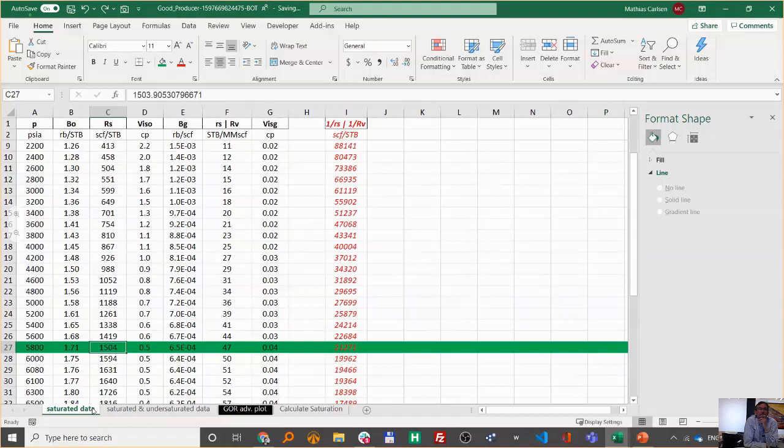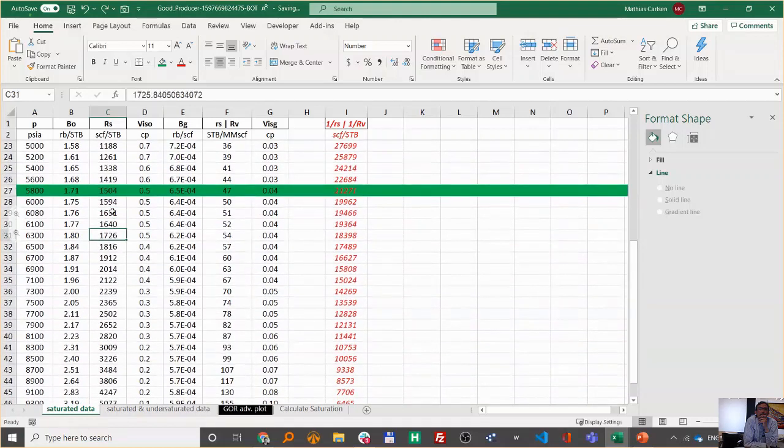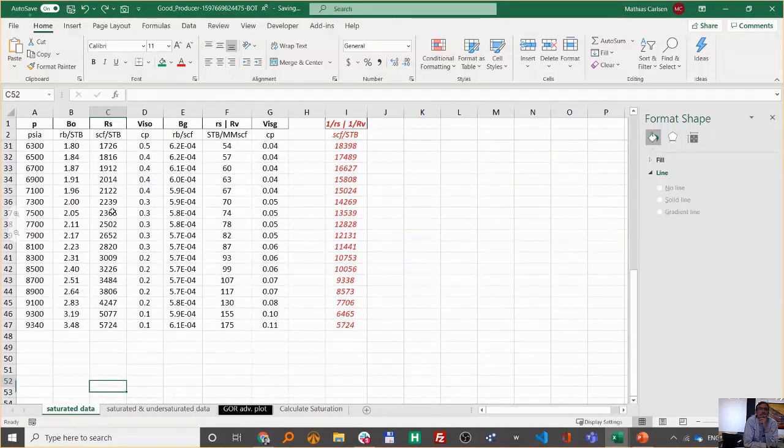The second exercise was when the GOR was around 15,000 scuffs per barrel. What we see here, if we just follow the solution GOR column given in column C, is that the critical point ends at 5,724 scuffs per barrel. So we actually need to start to investigate the inverse of solution GOR.